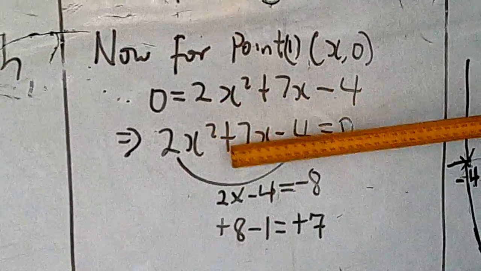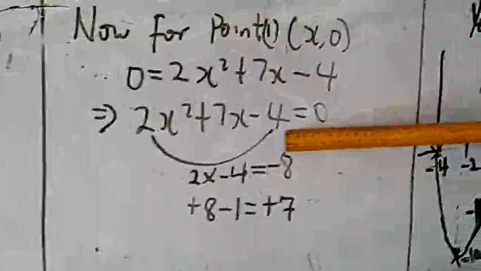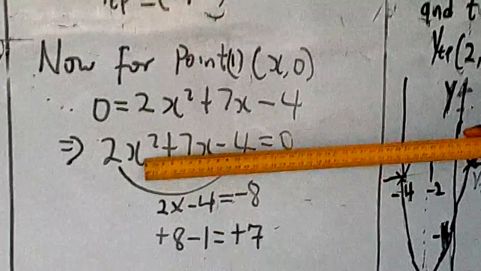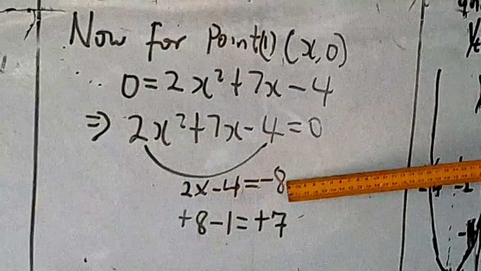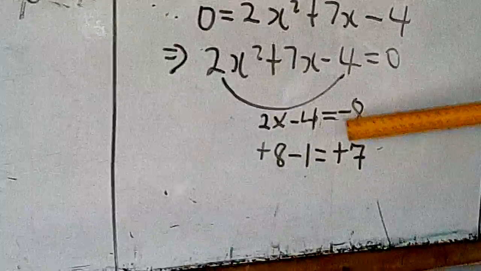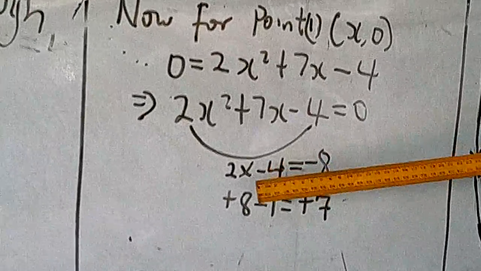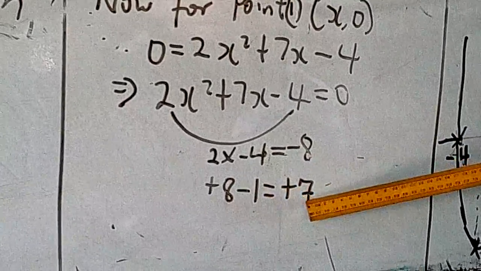We need to factorize it to get the roots of our quadratic equation. We multiply the coefficient of x², which is 2, by the constant term -4. This gives us -8. Now, we think of numbers that when multiplied together give -8 and when added together give +7. We discover that +8 times -1 gives us -8, and +8 - 1 gives us +7.